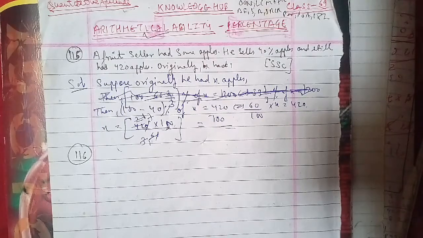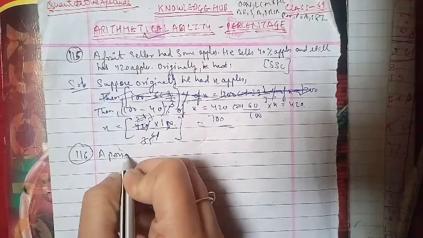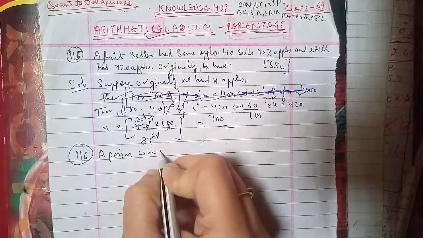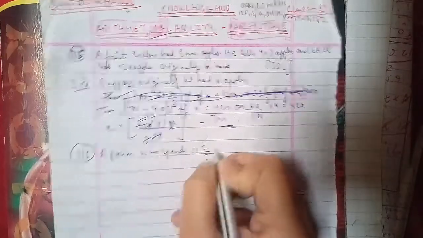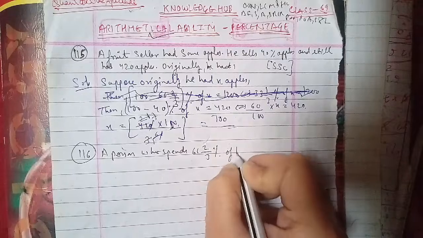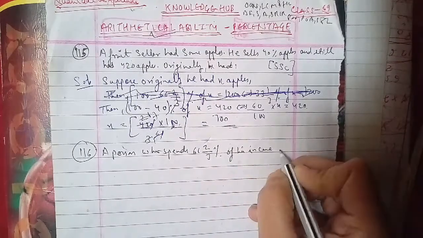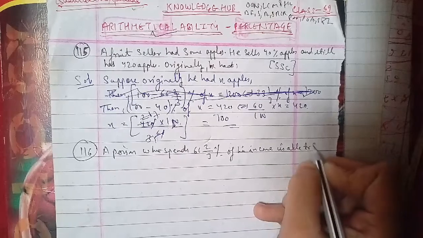A person who spends 66 2/3% of his income is able to save rupees 1200 per month.